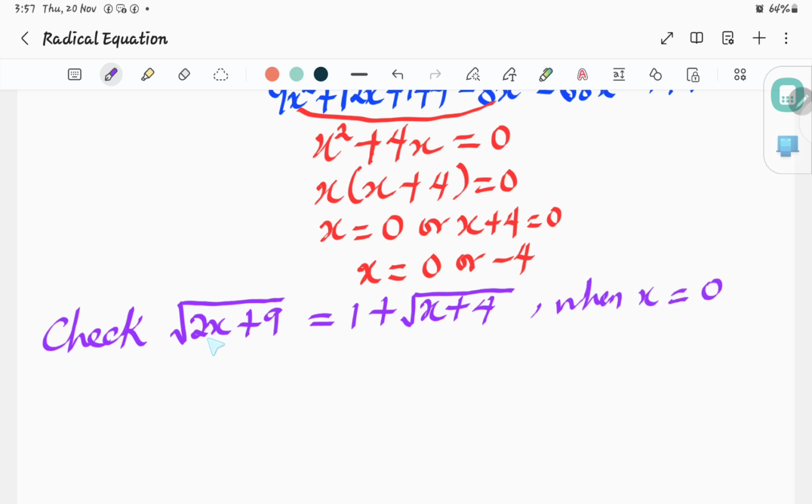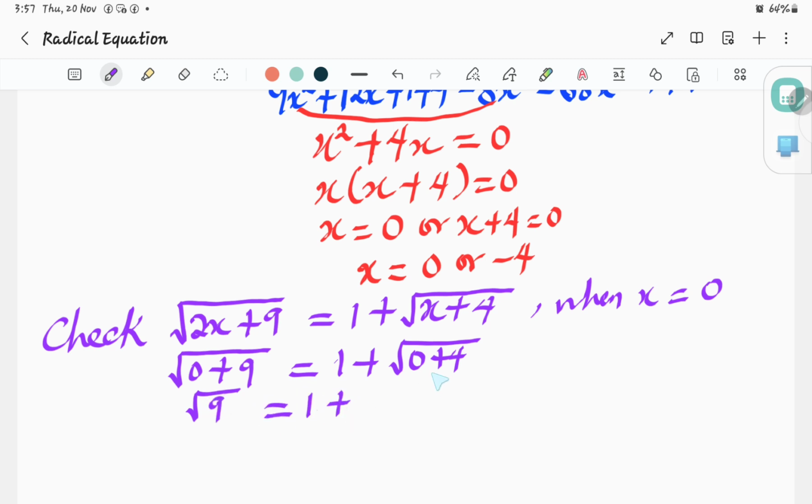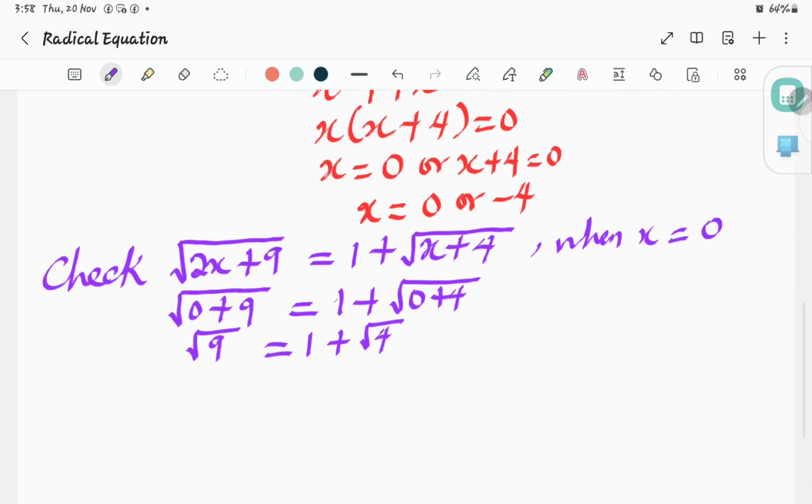So we substitute the value of 0 here. That will be the square root of 2 times 0, that's 0, plus 9 equals 1 plus the square root of 0 plus 4. 0 plus 9, that's the square root of 9, equals 1 plus the square root of 4. Now the square root of 9 here is 3, equals 1 plus the square root of 4, which is 2. So since 3 equals 3, that means our 0 passes the mark.